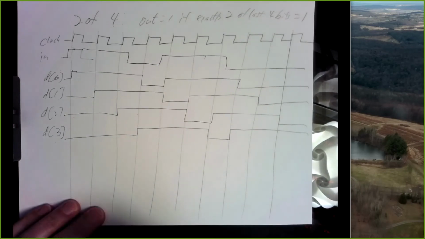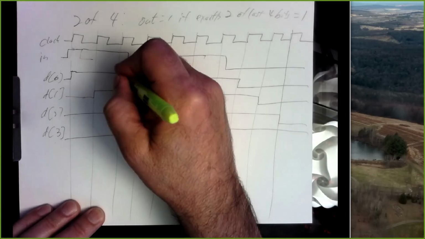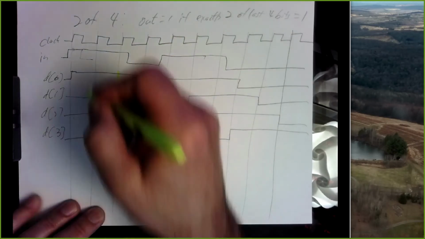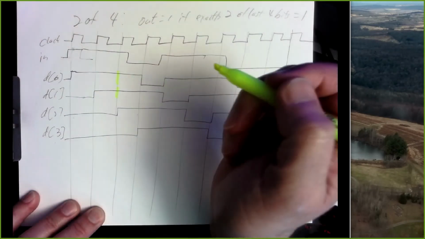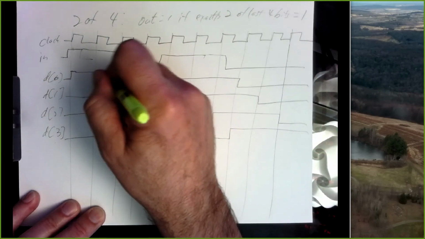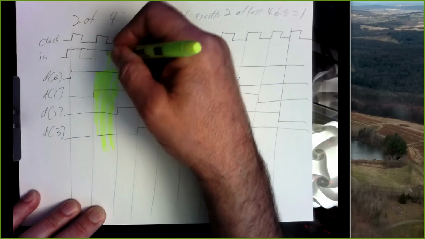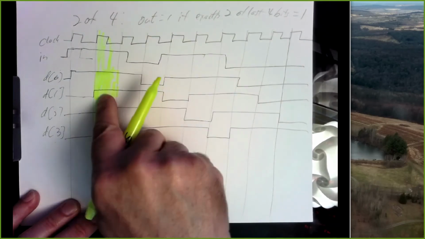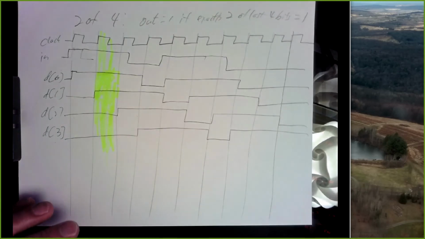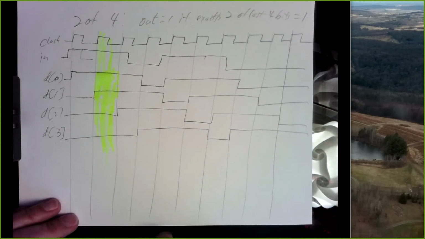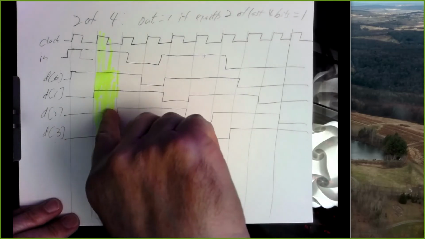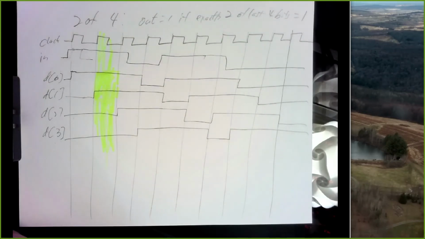So for example, right here, during all of this time, I had 2 events that were 1, and the 2 events before that were a 0. The fact that this is a 1, a 1, a 0, a 0, that's 2 of my last 4 events were a 1. And so my output should go high.